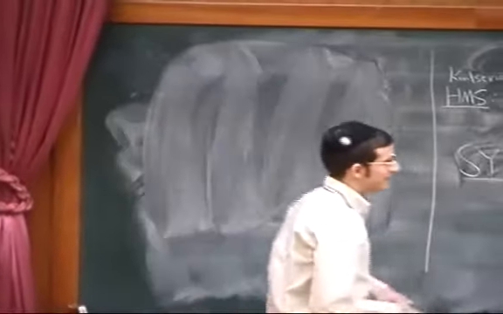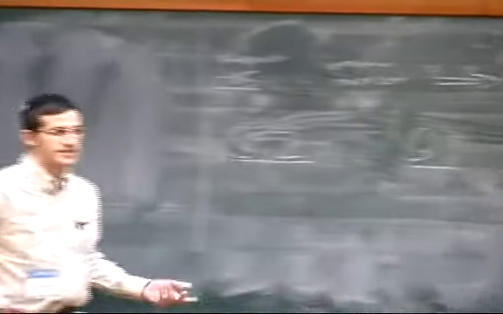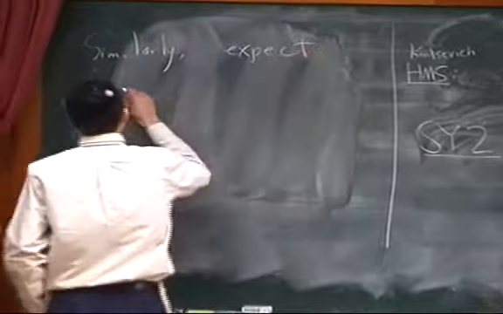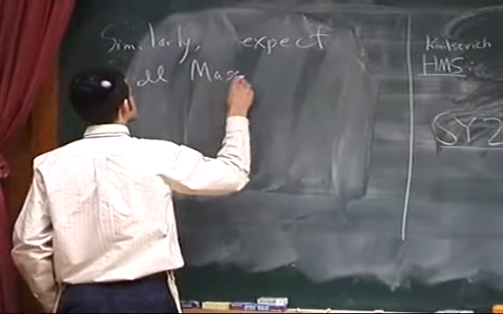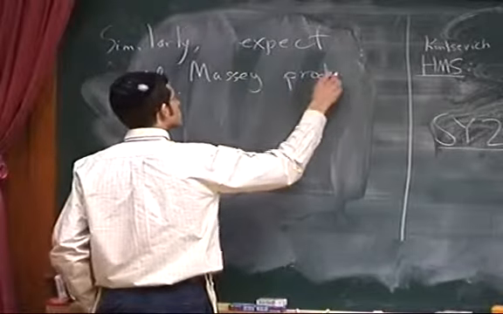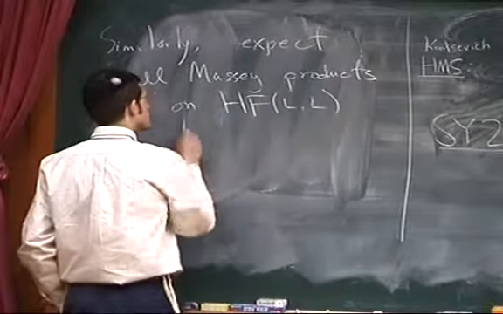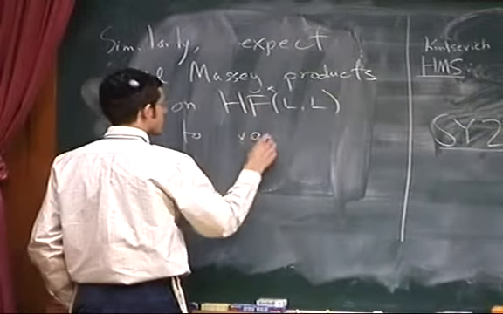Right. Not only that, but you could ask even further: how about Massey products? Similarly, you expect all Massey products on HF(L,L) to vanish.